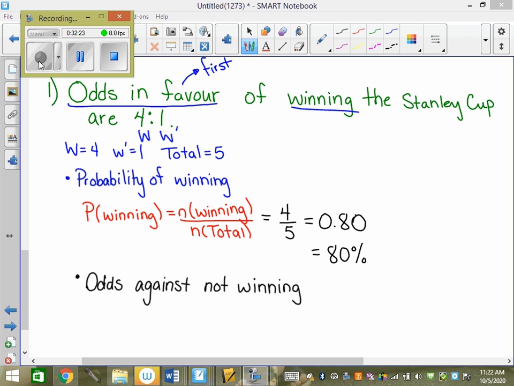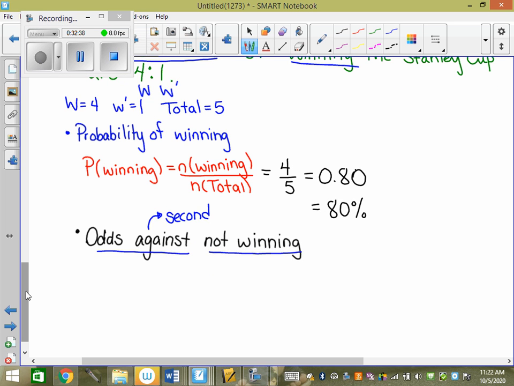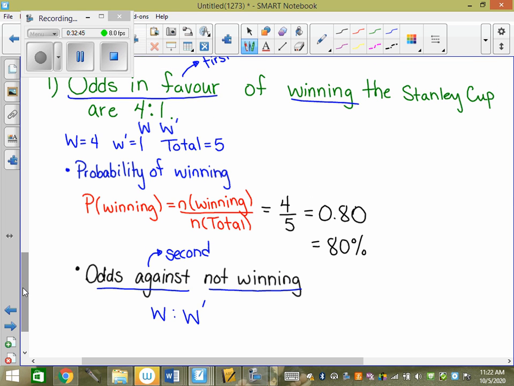If it says odds against, then whatever is written after it comes second. So not winning comes second, winning comes first, which looks a lot like this. So it's the same, 4 to 1.